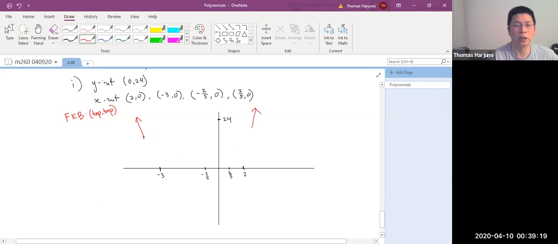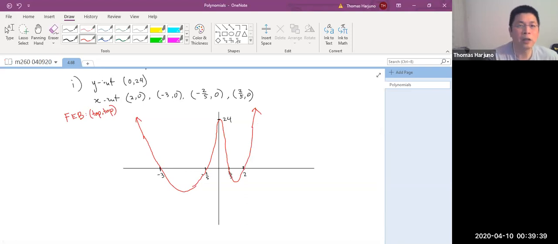Okay, and because each zero has a single multiplicity, when I cross the x-axis, I will cross it linearly. Wow, it's a big roller coaster there. Approximately like this.